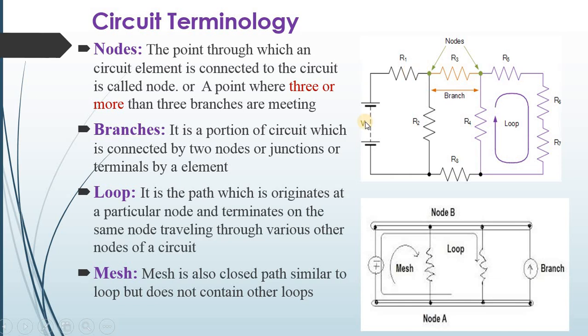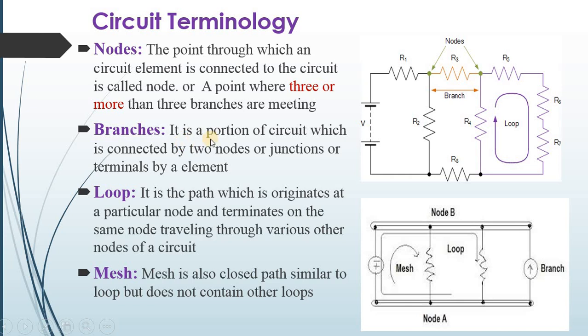So in this diagram, this node shown in green color, at that point R1, R2 and R3 branches are meeting. When three or more branches are meeting, such a point is called a node. Again, at this point R3, R4 and R5 are meeting, so it is a node.